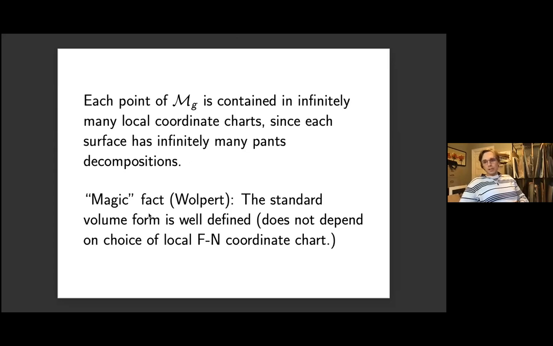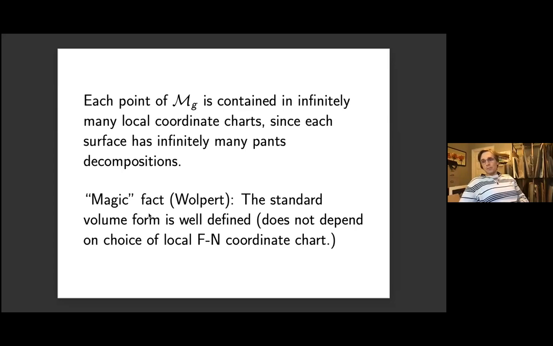We do have to confront, however, that actually each surface has infinitely many pants decompositions. So that means that each point in the moduli space is contained in infinitely many local coordinate charts. But there's this absolutely magical fact due to Wolpert that the standard volume form is well defined.